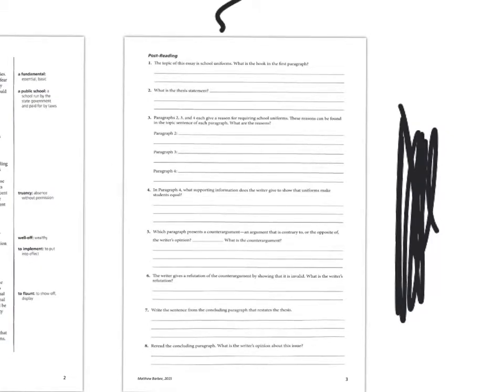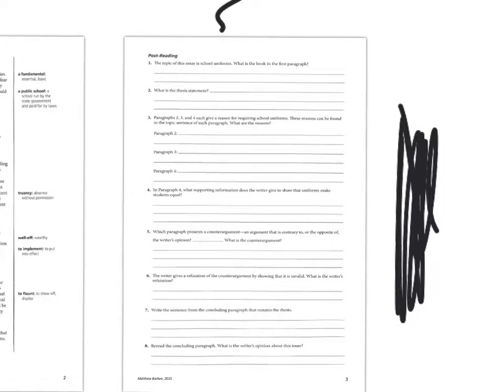Now, page 3 is the one that I said you have to turn in something. So basically, I want you to go through these questions. There are 8 questions here, and just write out your responses to them. These are based on the reading of that previous sample essay. The goal here is just to make sure that you're understanding the structure of it, that you're actually looking for the structure, and that you can use that to your benefit as you go on to write your own essay.